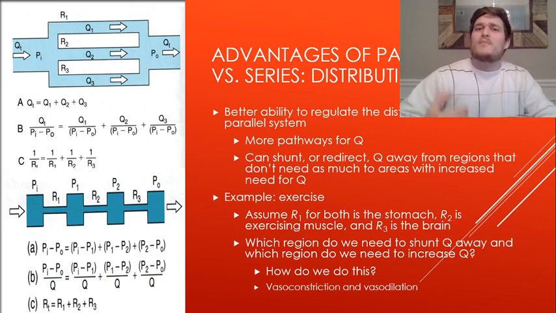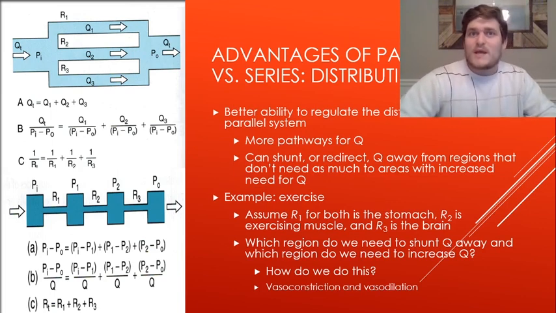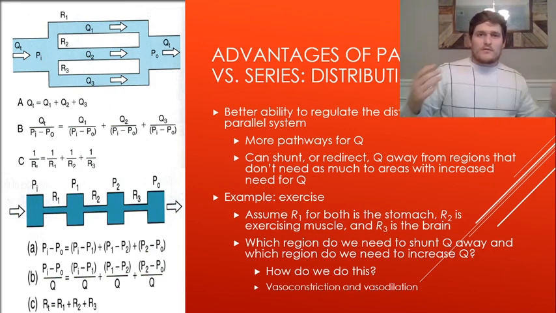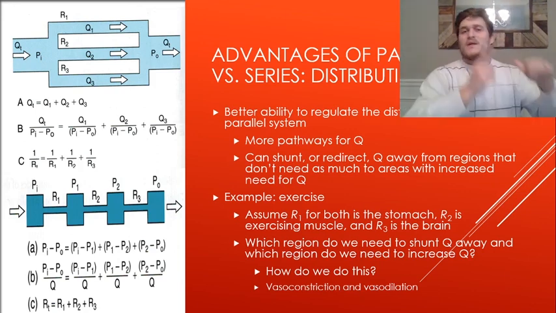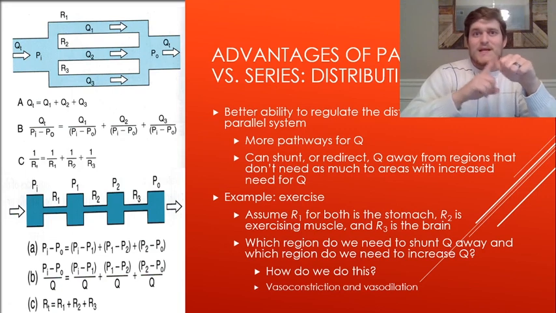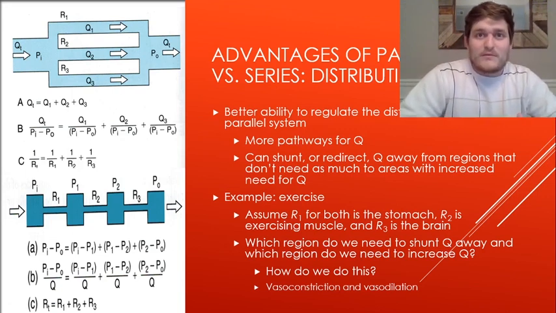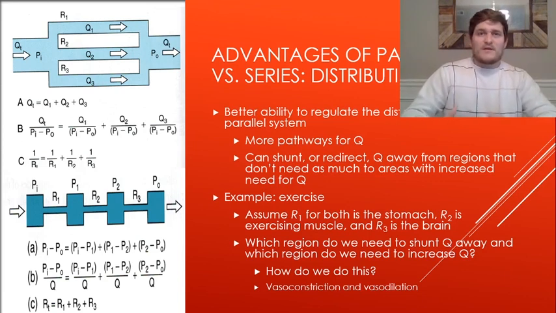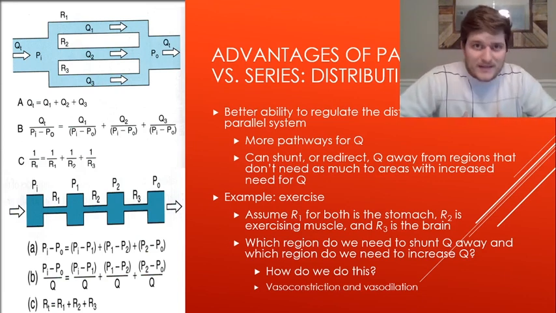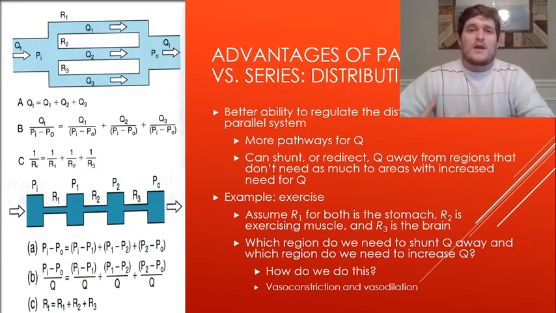So I definitely recommend going back, reviewing these terms, reviewing these equations, and what that means overall for cardiovascular physiology. Being able to tie in resistance and how that relates to pressure and how that relates to blood flow. We also talked about how blood vessel radius can change in order to impact resistance, pressure, and flow.